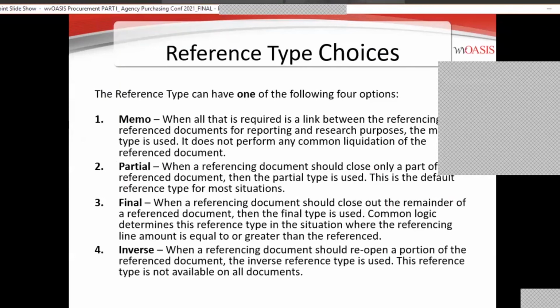That's where your corrective documents come into play, and that's typically where your inverse line reference is used, when you have to process a corrective document like the IN and CEC. CEC is a commodity encumbrance correction document, and we see a lot of those because sometimes it gets closed out prematurely and you need to open that award document back up so that you can process your next payment because you changed it to final and maybe shouldn't have.